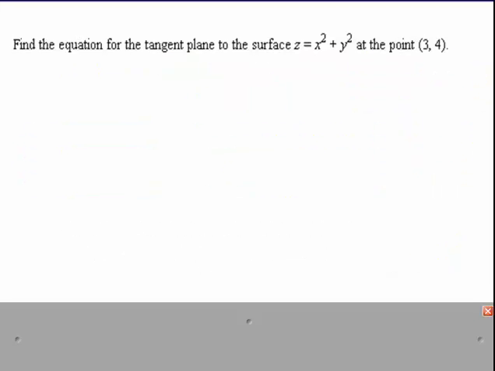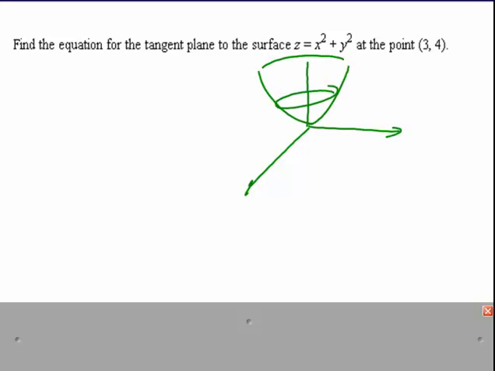So let's see an example of that. Let's just get a picture here of what's going on. We are looking at a graph that looks something like this. We've seen this now a bunch of times. And we're trying to find it at the point when x equals 3 and y equals 4.